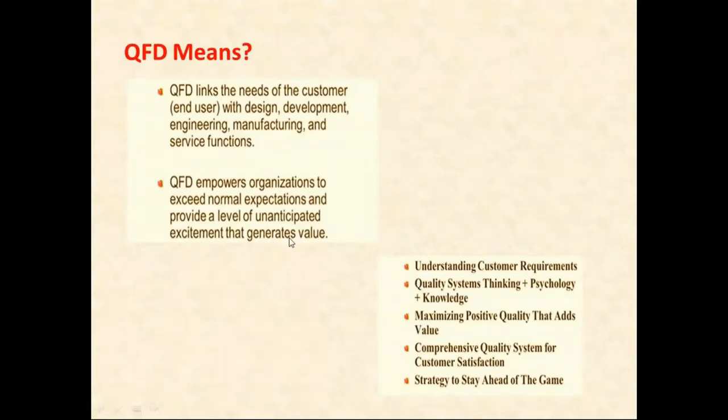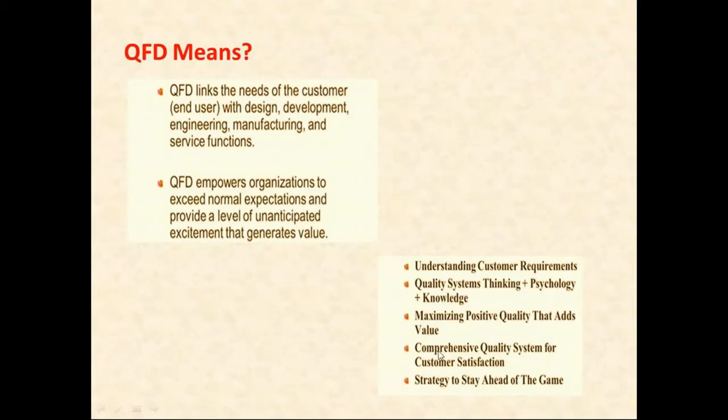So the first point is you have to understand what the customer requirement is. Second, you have to take quality system thinking plus the psychology plus the knowledge of the customers. Then you will maximize the positive quality, which will add value.